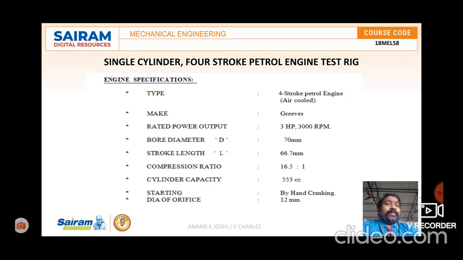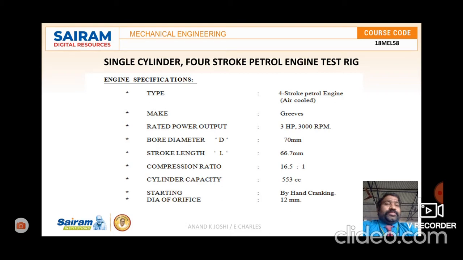The cylinder capacity, that is the volume of the cylinder, is 553.0 cc. Starting of this engine is by hand cranking, and the diameter of the orifice is 12 mm.